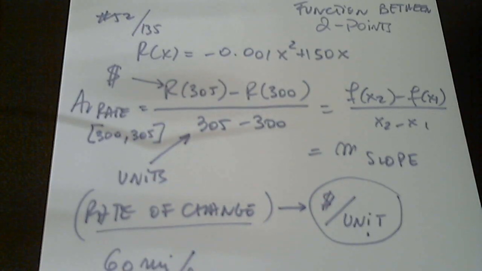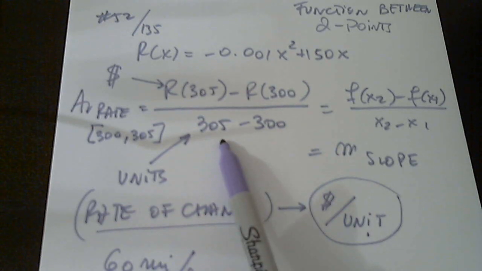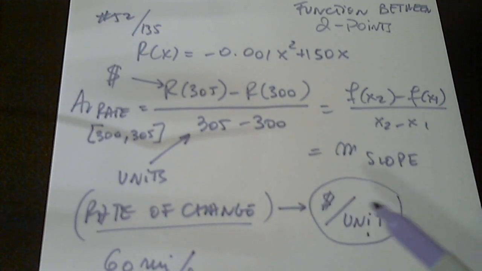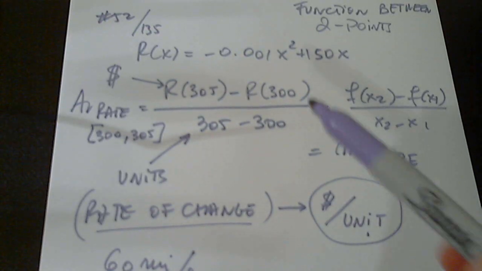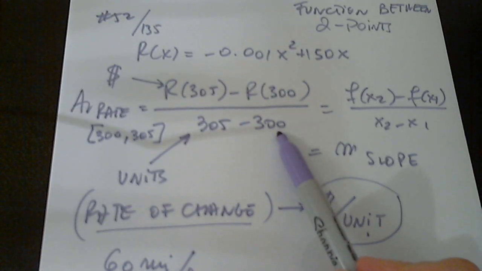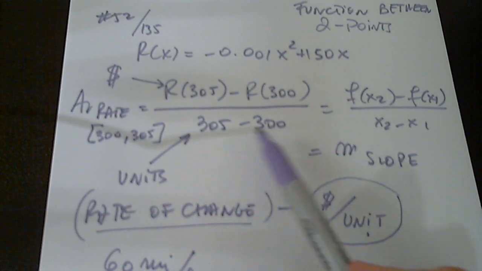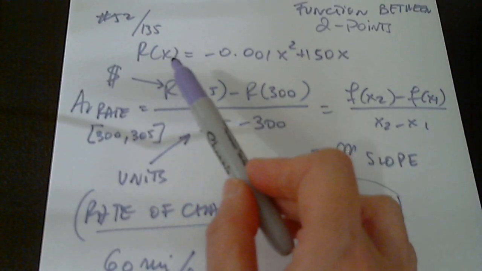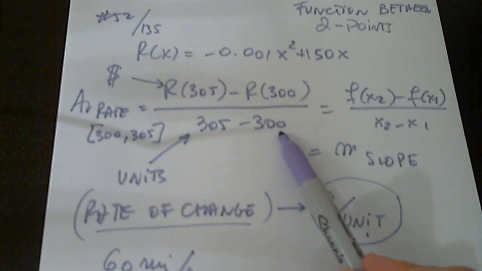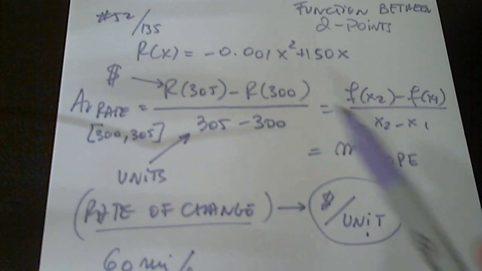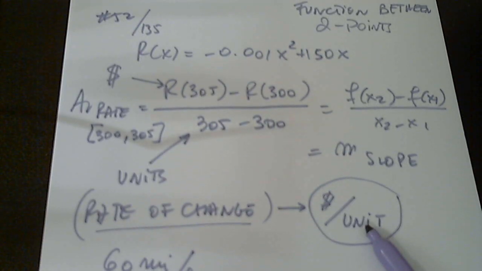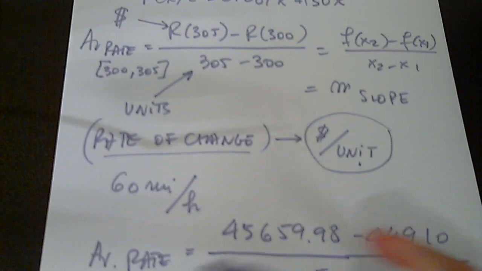So we're going to calculate this in a minute. The denominator is 5 units, basically. So the revenue in dollars per unit, if we manufacture not 300, but 305. So by changing from selling 300 to selling 305, it brings us an amount of dollars per each unit, and we will determine it right now.